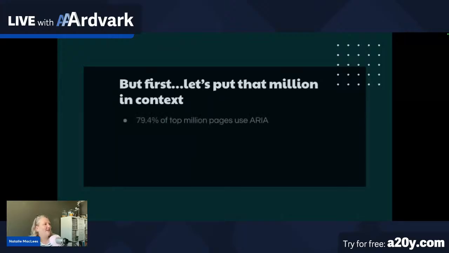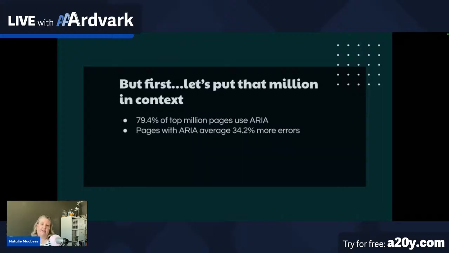So let's talk about this a little bit because you may have seen some of these numbers being shared around. According to the most recent findings, 79.4% of the top million pages use ARIA. And they found that pages with ARIA on them had on average 34.2% more errors than pages that didn't have ARIA. You might think that's somehow ARIA's fault. Maybe we should avoid using ARIA.